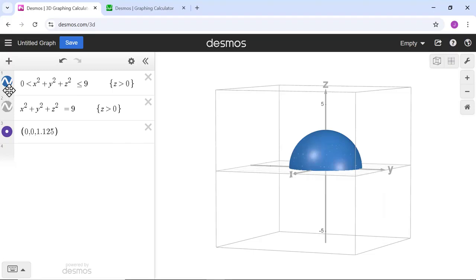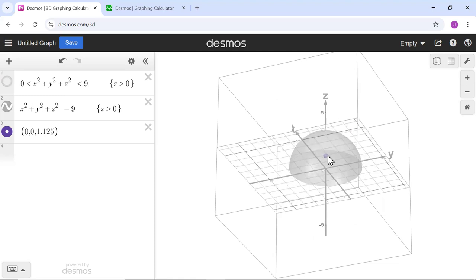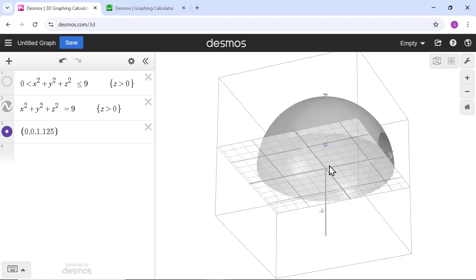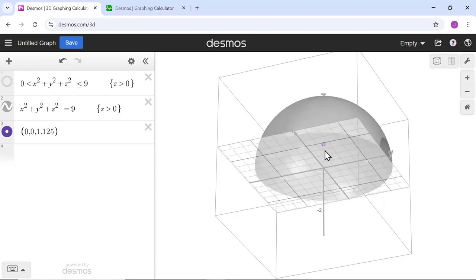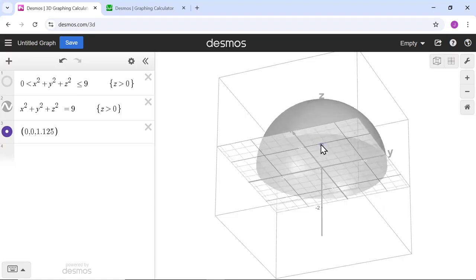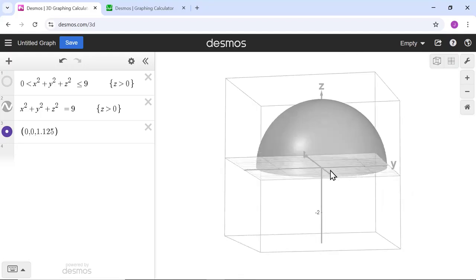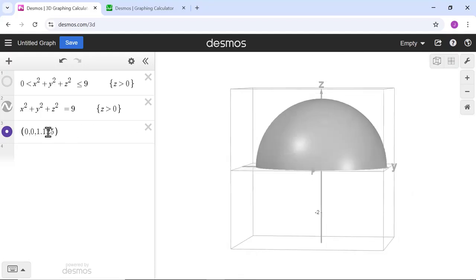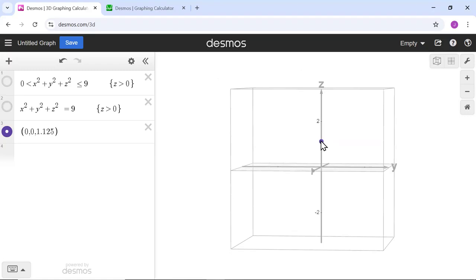It's hard to see, so I'm just going to use the shell of that sphere and look underneath, and you can see the center of mass sitting there at that point in space. And the height of that point is at 1.125. So that is the center of mass.